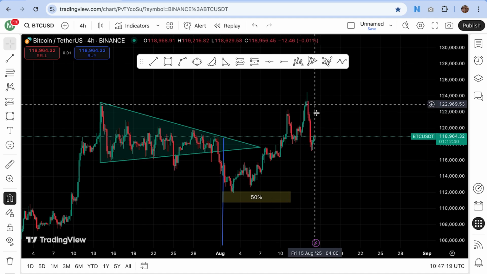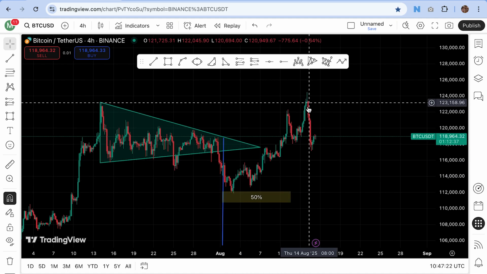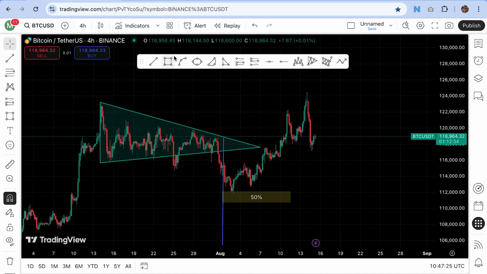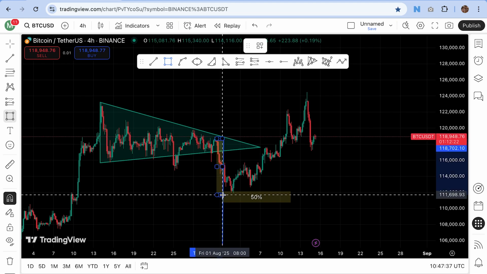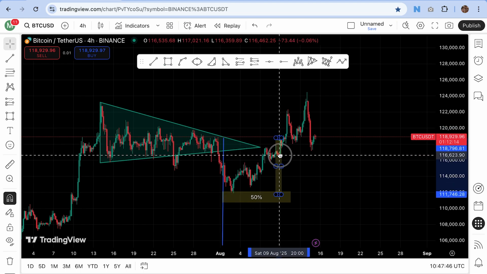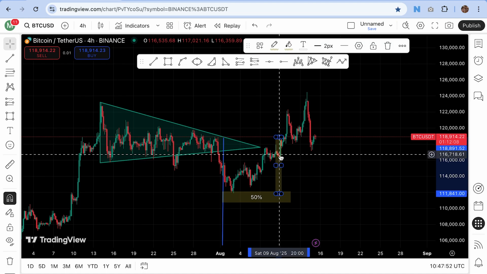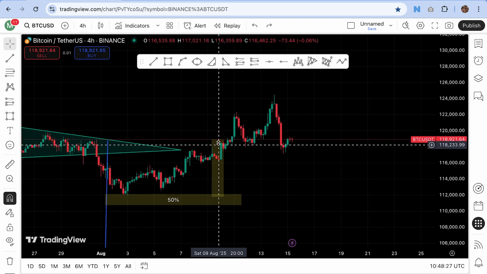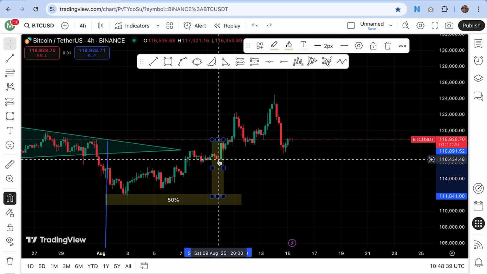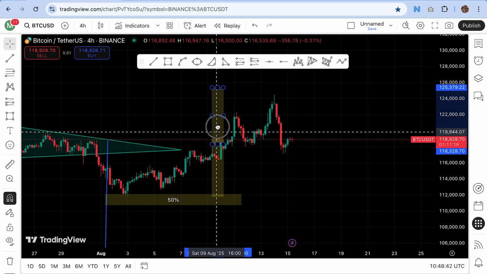Now, if we talk about how far this upward move can go, I'll measure the previous supply from here to here and place it here. Once the demand here was fully met, even more than needed, what we do is double this supply zone.